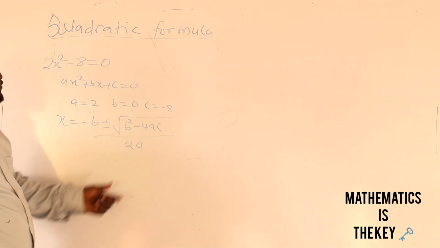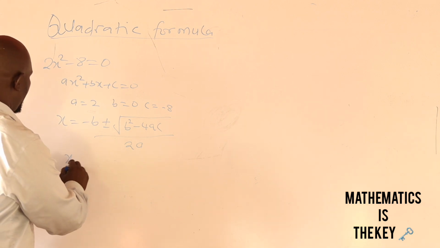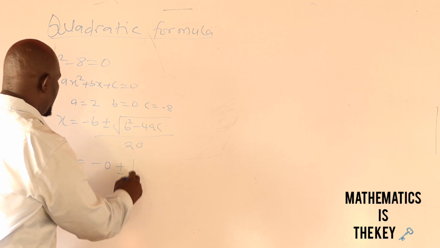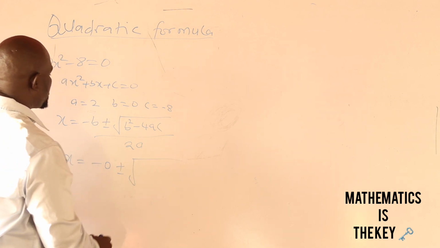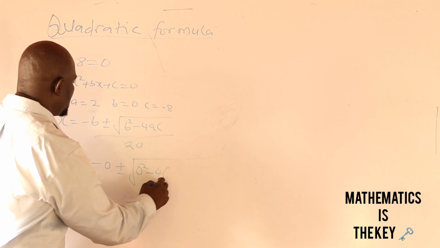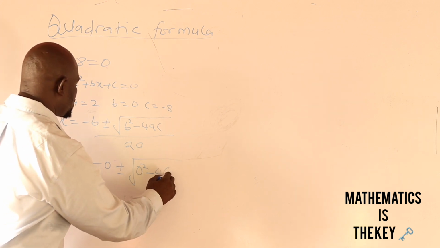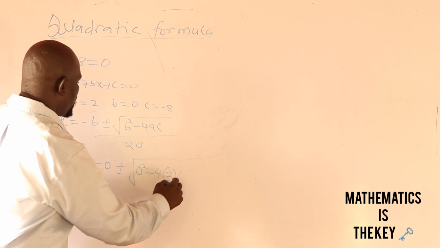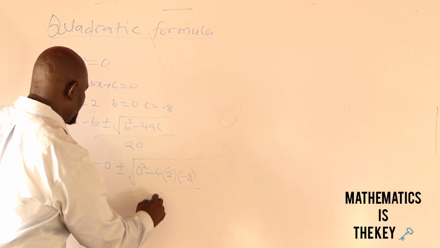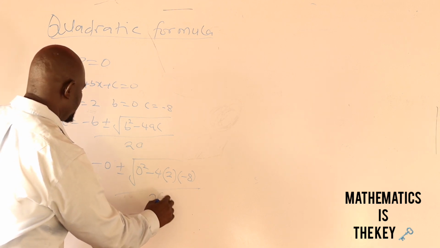Substituting these values into the formula, we will have x is equal to minus 0 plus or minus the square root of b squared, that is 0 squared, minus 4, the value of a is 2, and the value of c is minus 8, all over 2 times 2.